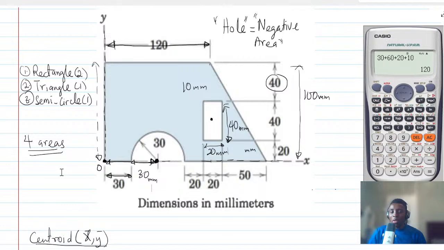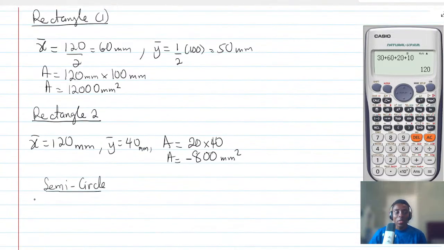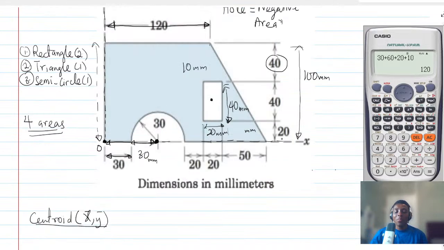What is the x bar for the semicircle? 60. Thank you. It's 60. So x bar is going to be 60 millimeters. Right? How about the y bar? So please, everybody pay attention. This is where we have to use the formulas.